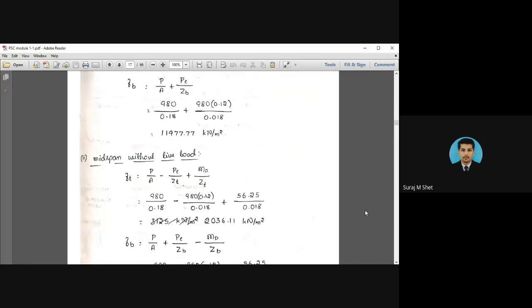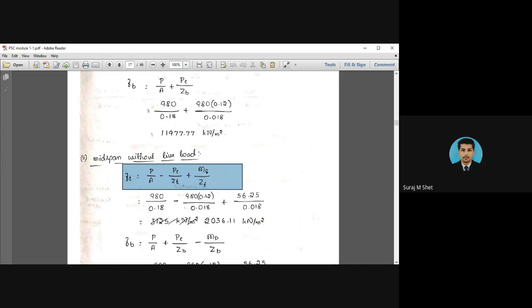Okay. Then the second concept they ask is to calculate the extreme fiber stress from the rectangular section without live load. Without live load, you already know this formula. What is the formula to calculate extreme fiber? P by A minus PE divided by ZT plus moment due to dead load.